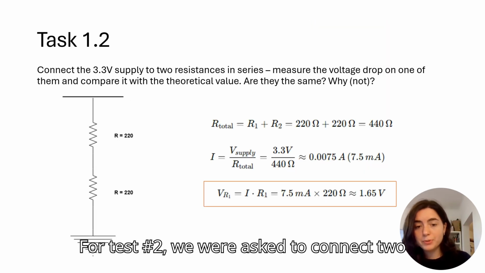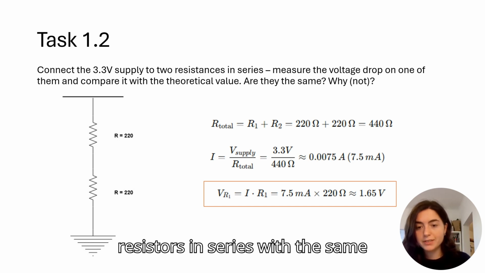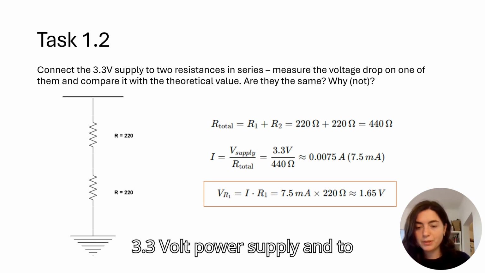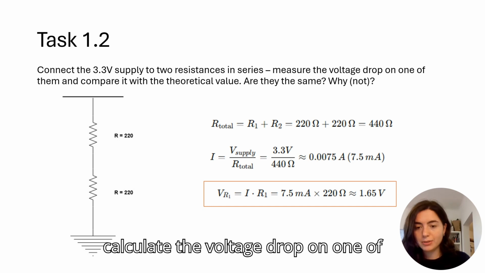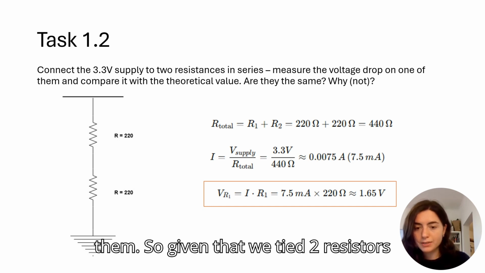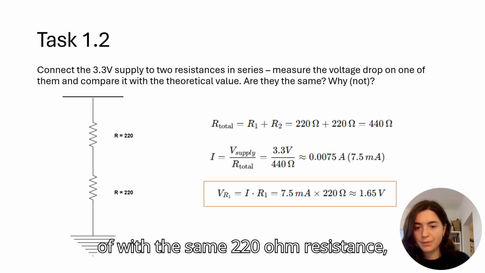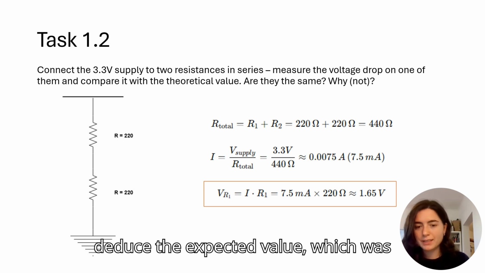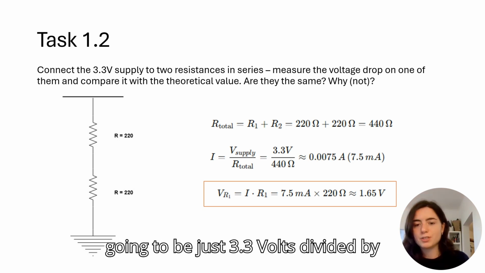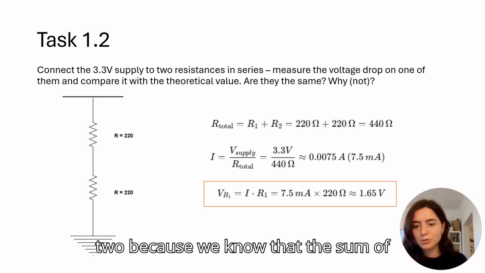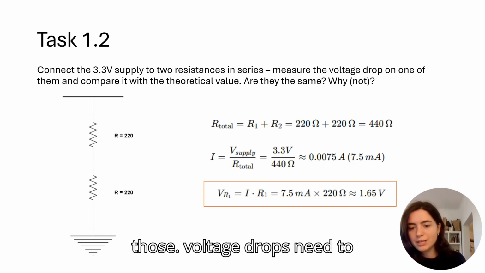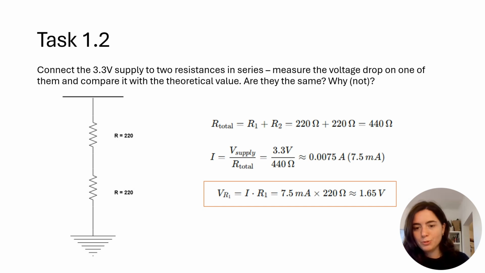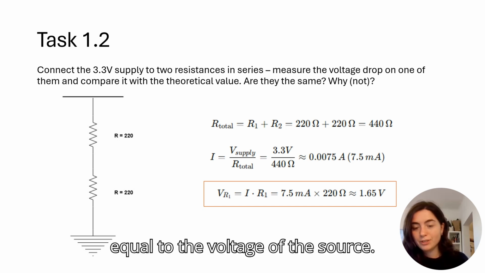For task number 2, we were asked to connect 2 resistors in series with the same 3.3 volt power supply and to calculate the voltage drop on one of them. Given that we tied 2 resistors with the same 220 ohm resistance, it's very easy to deduce the expected value, which was going to be just 3.3 volts divided by 2, because we know that the sum of those voltage drops needs to equal the voltage of the source.